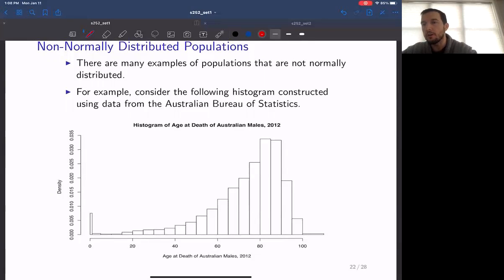Well, it turns out that as long as we collect enough information from a non-normal population, we can assume that the sample mean is normal. And this is what the central limit theorem tells us.